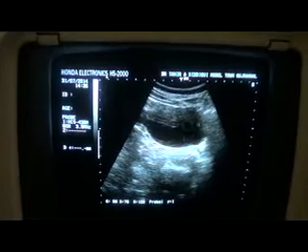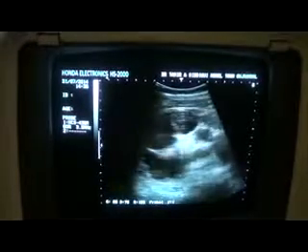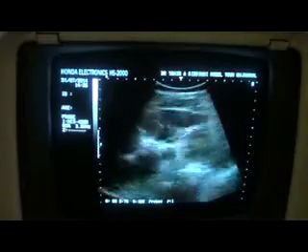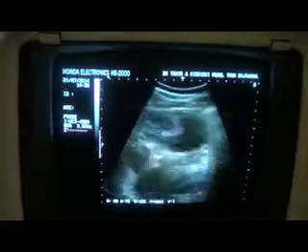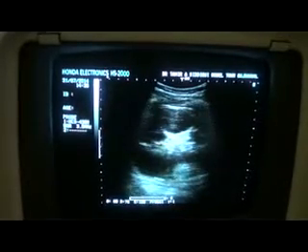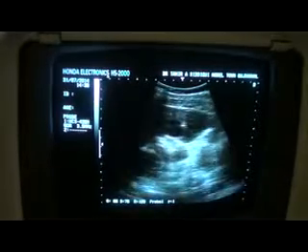Dilated pelvis, okay. There is no calculus, no calcification seen within the kidney. No significant debris seen within the kidney. This is the transverse section of the kidney, and the central sinus echo complex understandably will not be seen.